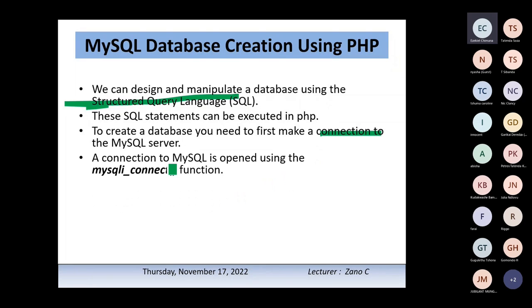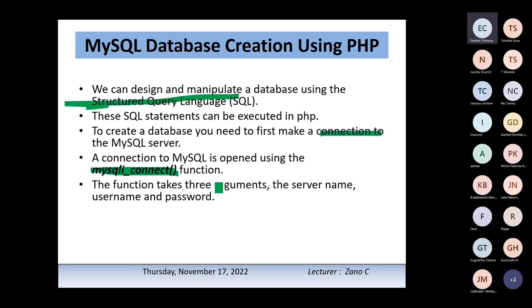A connection to MySQL is opened using the mysqli_connect function. This function is the one that you use for connecting to the MySQL server. The function takes three arguments: the server name, username, and the password.